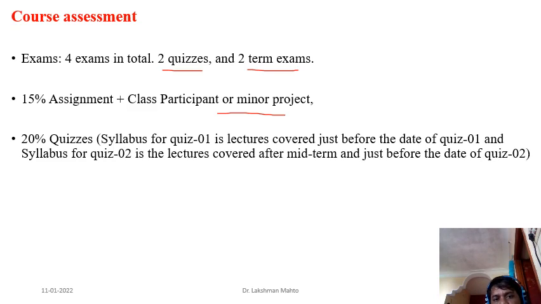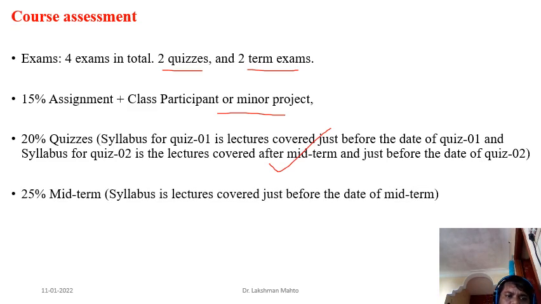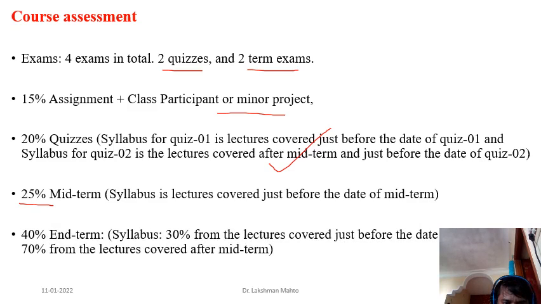There will be two quizzes, and the syllabus and everything is already mentioned here. Coming to the midterm, 25% is given to the midterm, and 40% is given to the end term. I just tweaked this course assessment due to this online process. Otherwise, I rarely change this assessment.